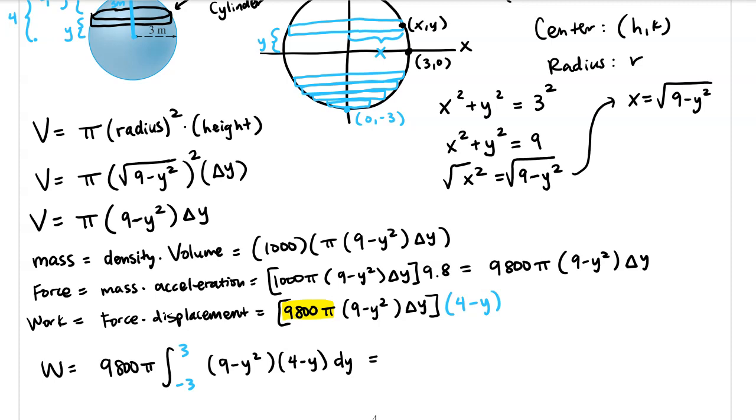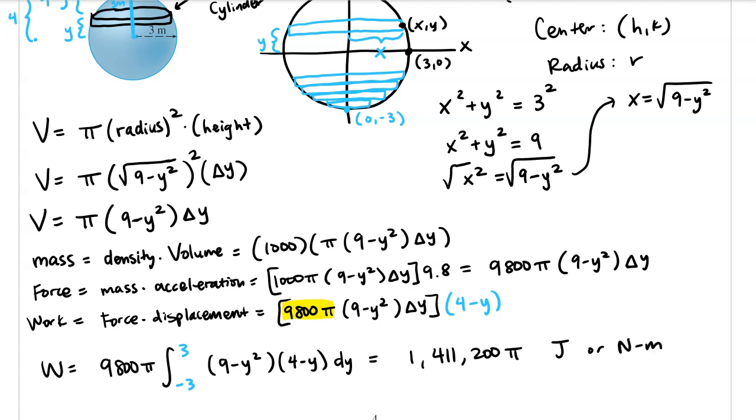And if you evaluate this, if we want an exact answer, including the pi, this would be 1,411,200 pi, and then this is going to be joules or Newton meters, either one is fine.